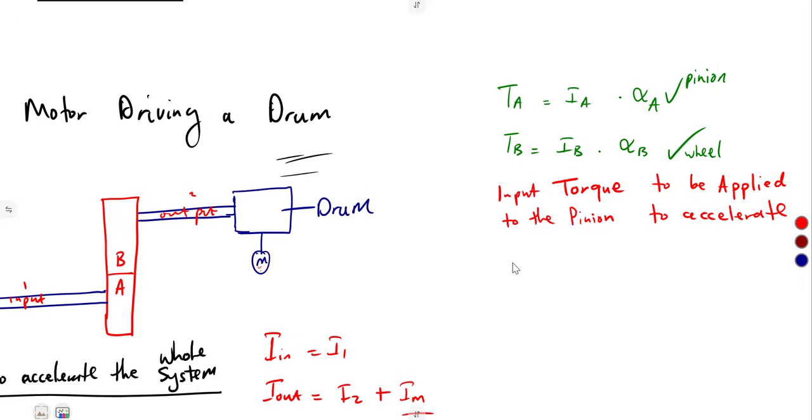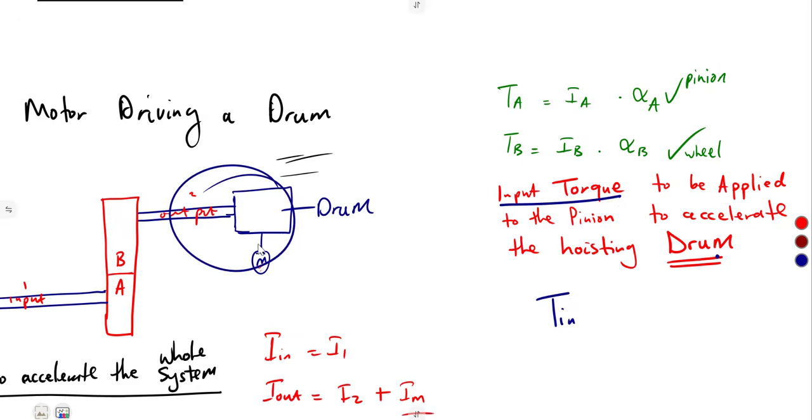So it must accelerate the hoisting drum. The drum is involved, but we are talking about input torque. But the drum is at what? At the output. So the formula will be the equivalent moment of inertia referred to the input times the angular acceleration of the output, since the drum is on the output.